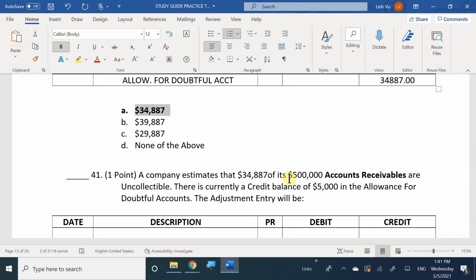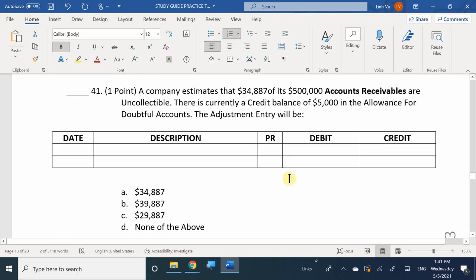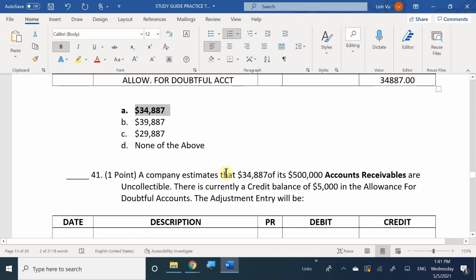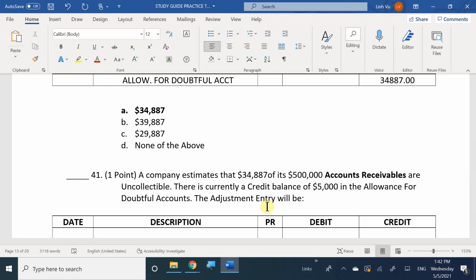C. Okay. So in this case, this is the balance sheet method because we recognize that we have an estimated amount, right? And our indicator is that if we're using the balance sheet method, where we recognize the accounts receivable, we see that there is currently a credit balance. Therefore, there's already some amount in the allowance for doubtful accounts that's already on the credit side. So our goal is to get to 34,887 at the end of the day.